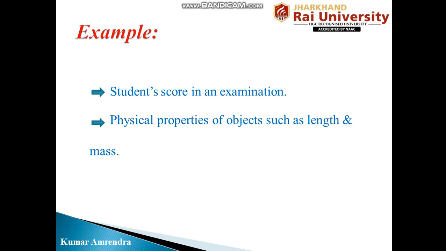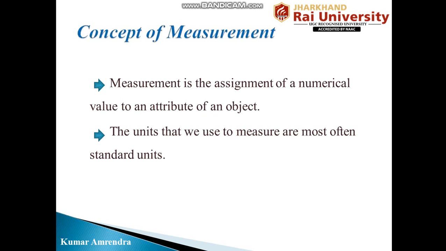Physical properties of objects such as length and mass are also data, and the process to measure those data is known as measurement. So the concept of measurement: measurement is the assignment of a numerical value to an attribute of an object, and the units that we use to measure are most often standard units, known as SI units.